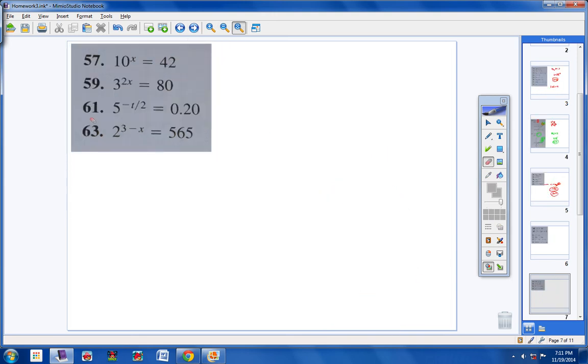Number 57. Okay, we have an exponential equation here. There's no way we can write both sides with the same base, so we're going to write log base 10. The base of my unknown is 10, so log base 10 of 10 to the x and 42. Whenever a base here matches a base here, your answer is the exponent.